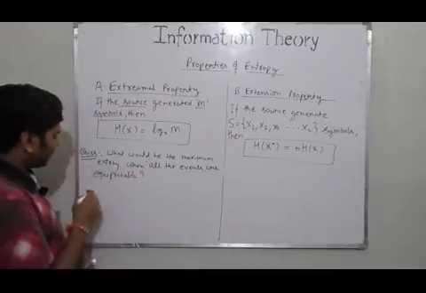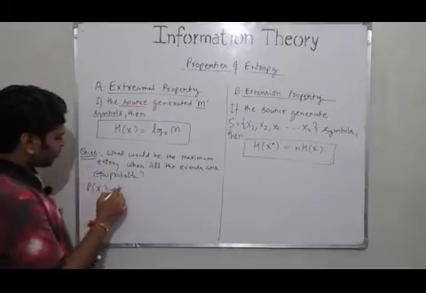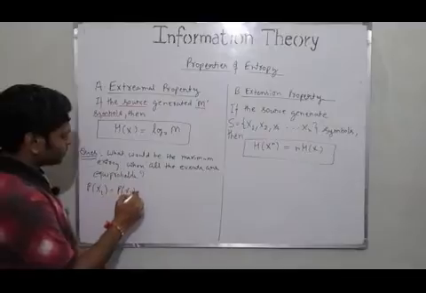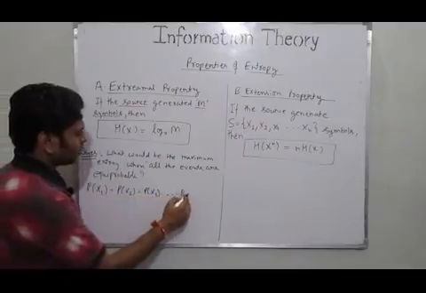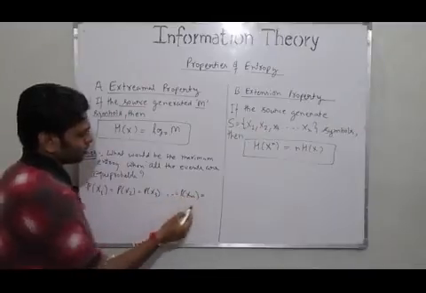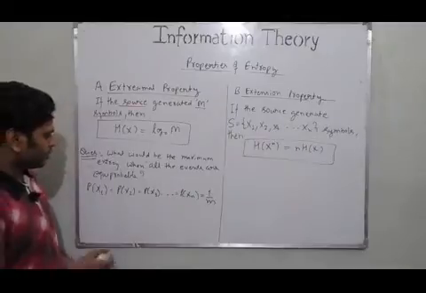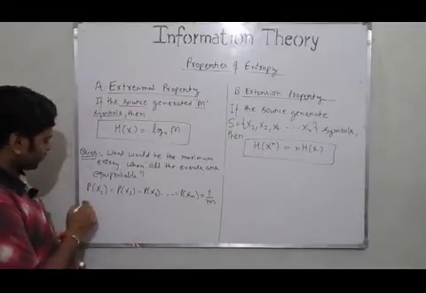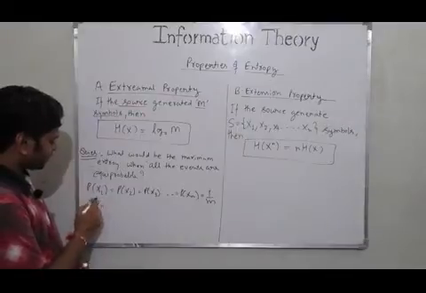So the idea is that when the probability of occurrence of all the events are equal, suppose it is 1 by m. So what would be the entropy? We have to find out the entropy of xi.